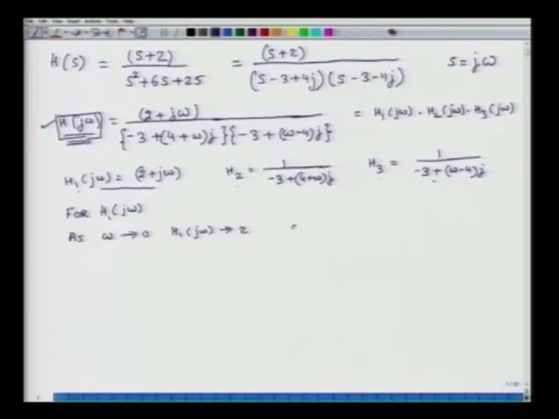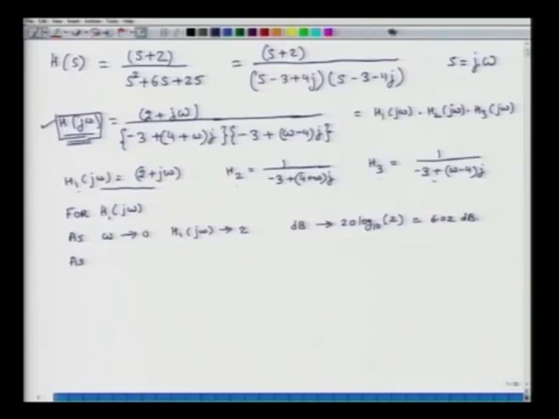So, in decibels this approaches 20 log in base 10 of the number 2, which is essentially 6.02 decibels.